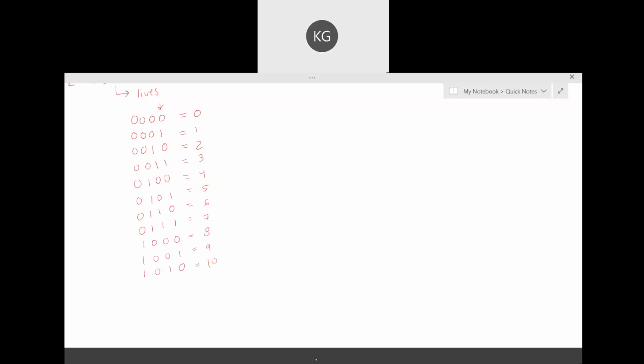Yeah, exactly, every eighth. So if we represent these numbers by a taster, this is taster 1, taster 2, taster 3, and taster 4.